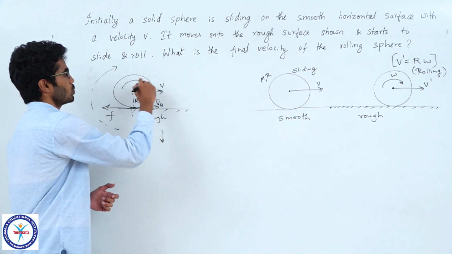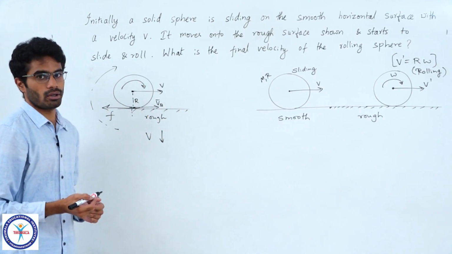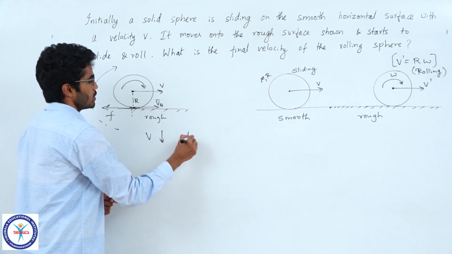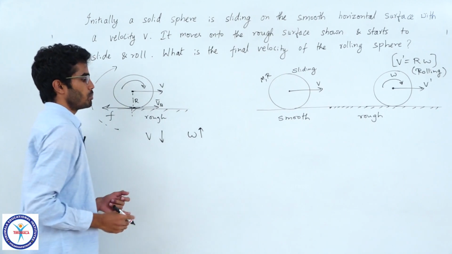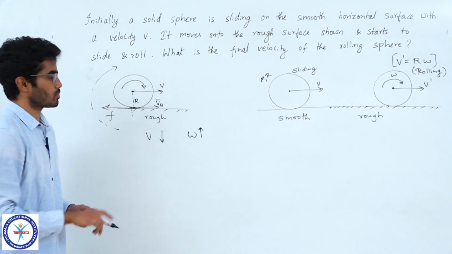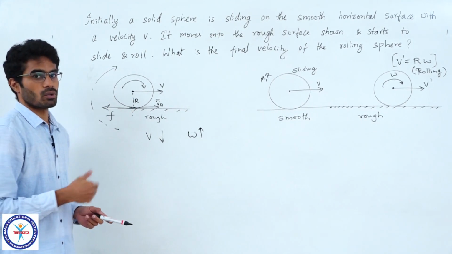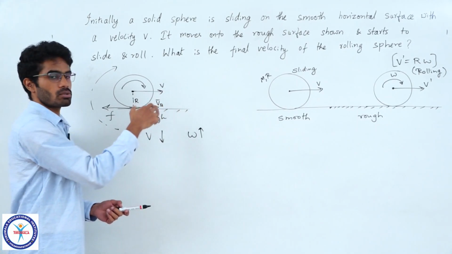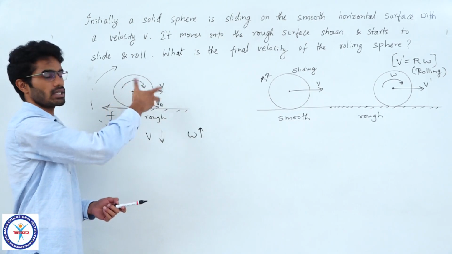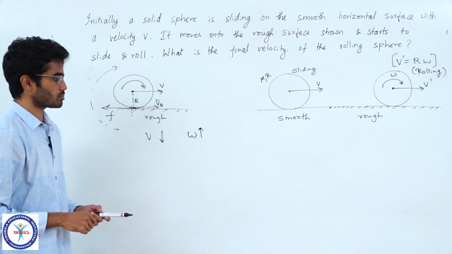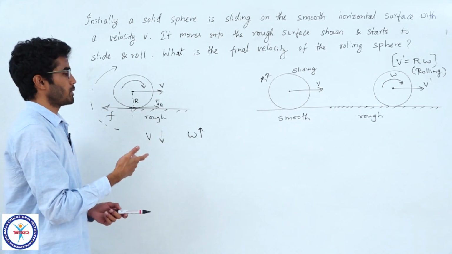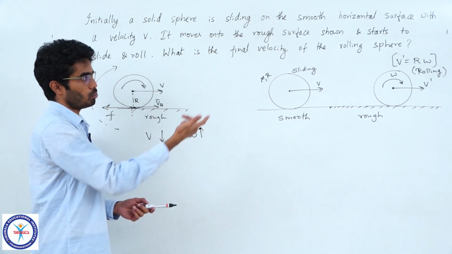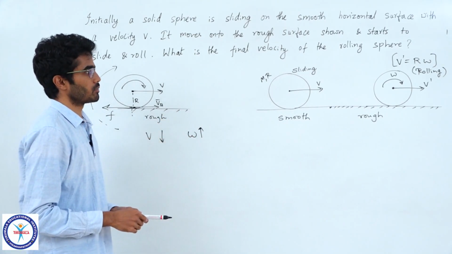So, it tends to increase its angular speed. So, gradually the body picks up angular speed in clockwise sense. So, as the friction starts to act, V keeps on decreasing and omega starts to increase. This happens until it performs pure rolling eventually.